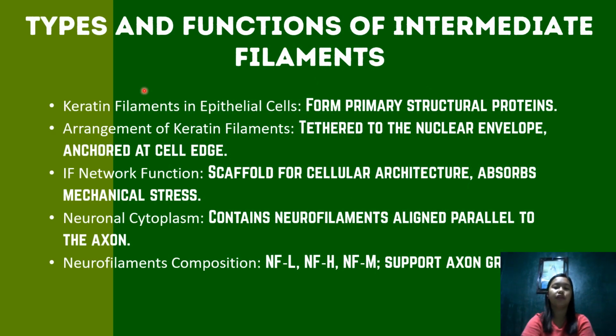So, types and functions of intermediate filaments. So, yun nga, gaya ng sabi natin, yung keratin filaments in epithelial cells and neurofilaments in neuronal cytoplasm, nagpe-play sila ng crucial role in providing structural support, maintaining cellular architecture, and absorbing mechanical stress.